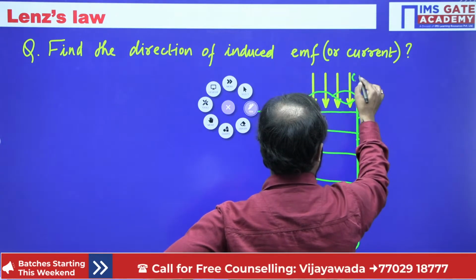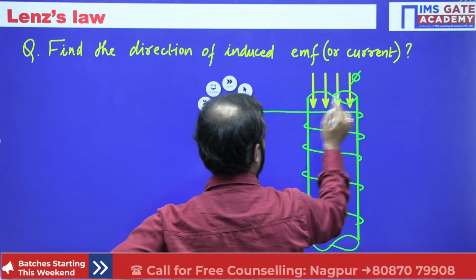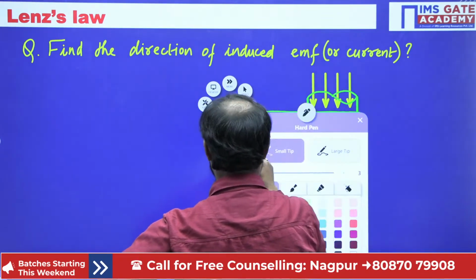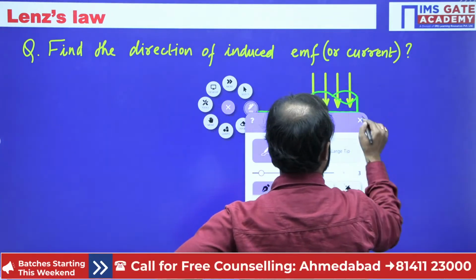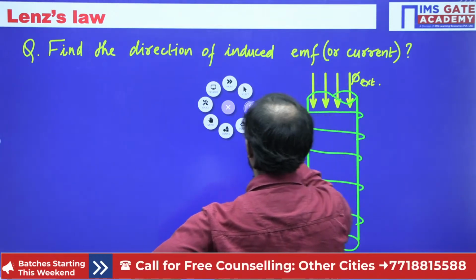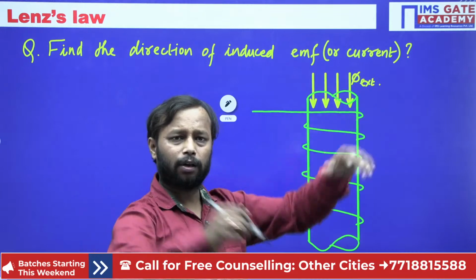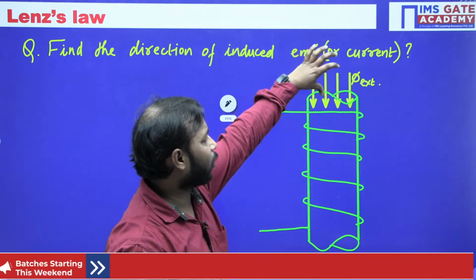This is phi external, produced by some external source. Now see the direction of the external magnetic field.